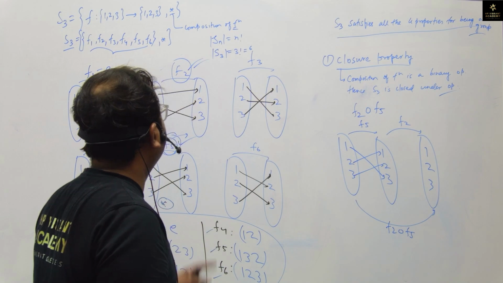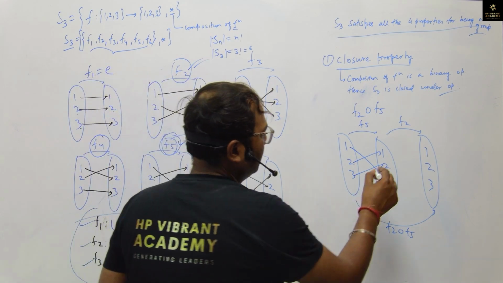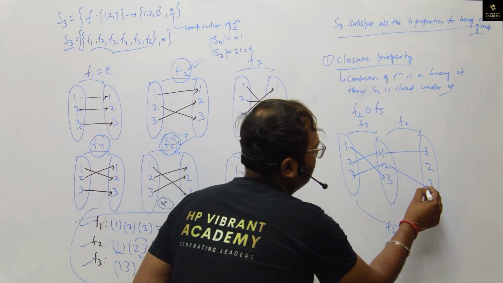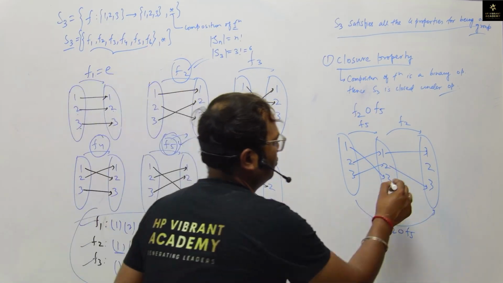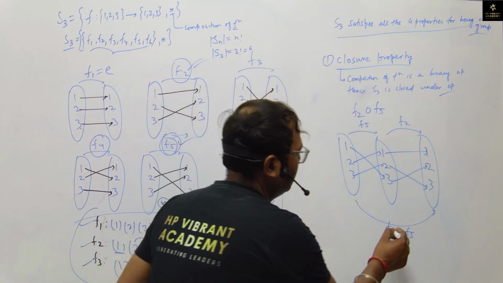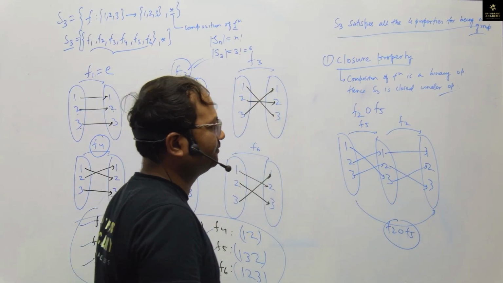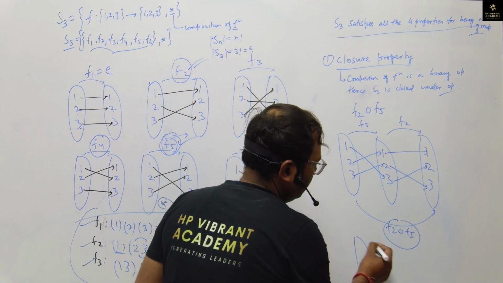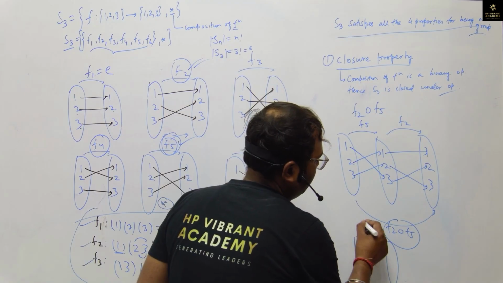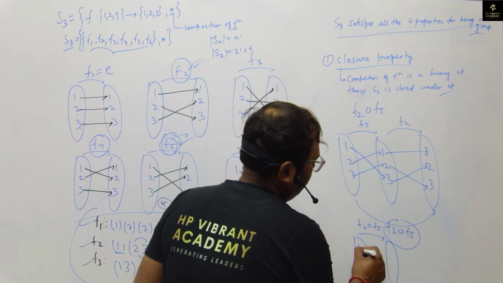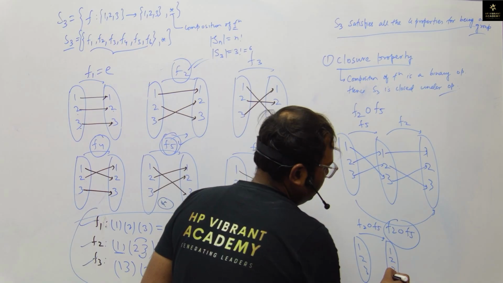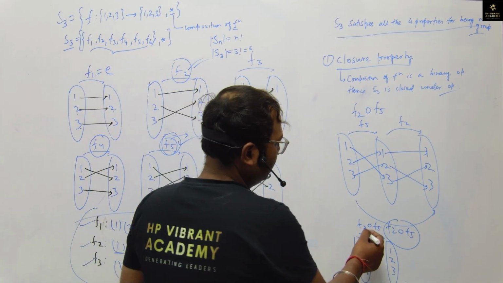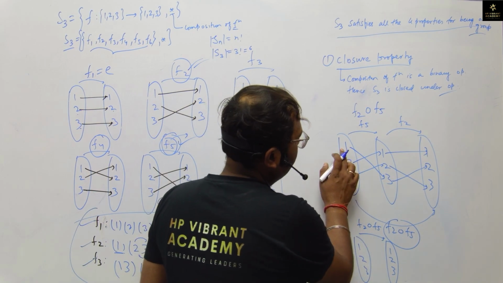Now let us apply the F2 mapping. Here 1 goes to 1, 2 goes to 3, and 3 goes to 2. Let us calculate F2 o F5. This mapping is F2 o F5, with 1, 2 and 3 on both sides. Here 1 goes to 3 and 3 goes to 2.